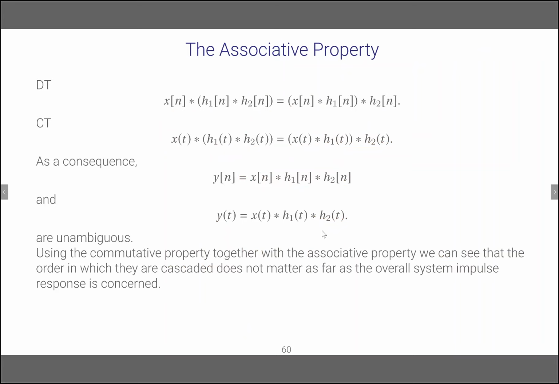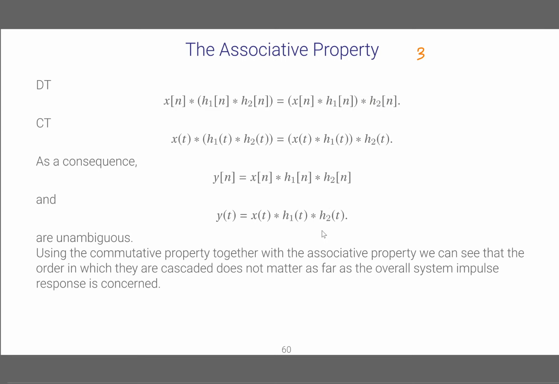Okay, then the associative property. What this means is if you have 2 times 3 times 5, it does not matter whether you multiply 2 times 3 first, then times 5, or 3 times 5 first, then times 2. So if you just write 2 times 3 times 5, it is not ambiguous how to do that.